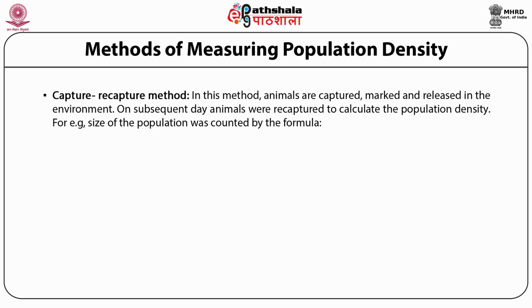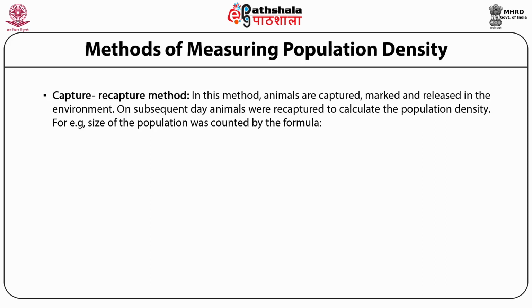The proportion of marked individuals in a later sample is used to determine the total population. For example, suppose 100 fishes are captured, marked and released again into the pond.